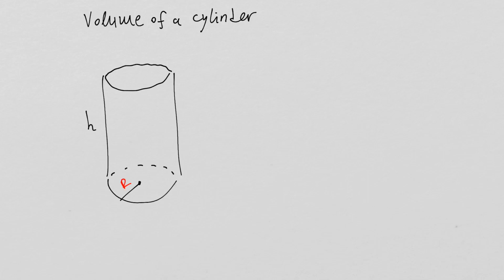So then the volume of that cylinder will be calculated as the product of the area of the base, which we know is pi r squared, and the height of the cylinder h. And so that's how this is calculated.